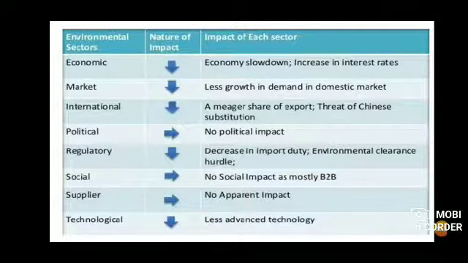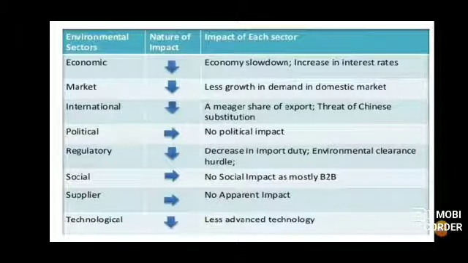Talking about the political factors, generally we don't have any direct impact of the political factors on the economy, but yes, if there is some change, still the business anyhow continues to remain stable. Next we have regulatory. If the import duty is decreased, or there are environmental clearances, whatever hurdles are there, the nature would be a decreasing nature.